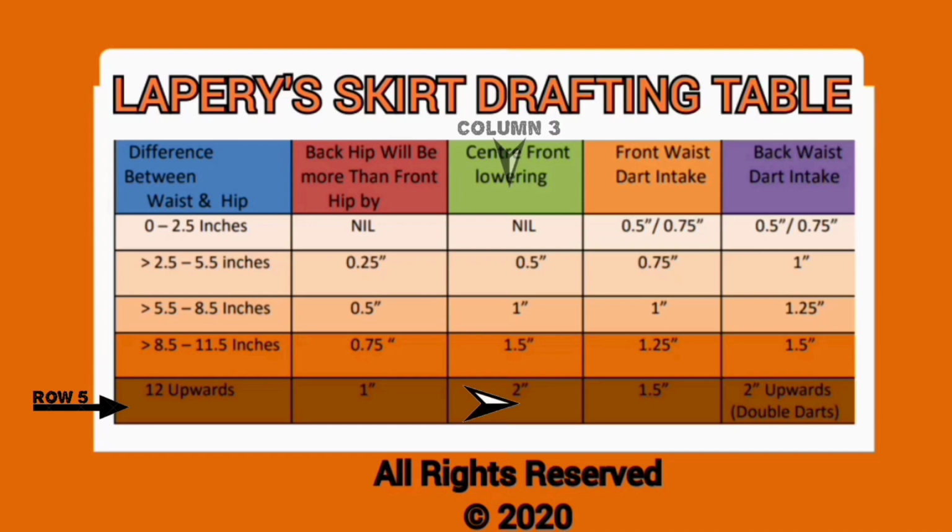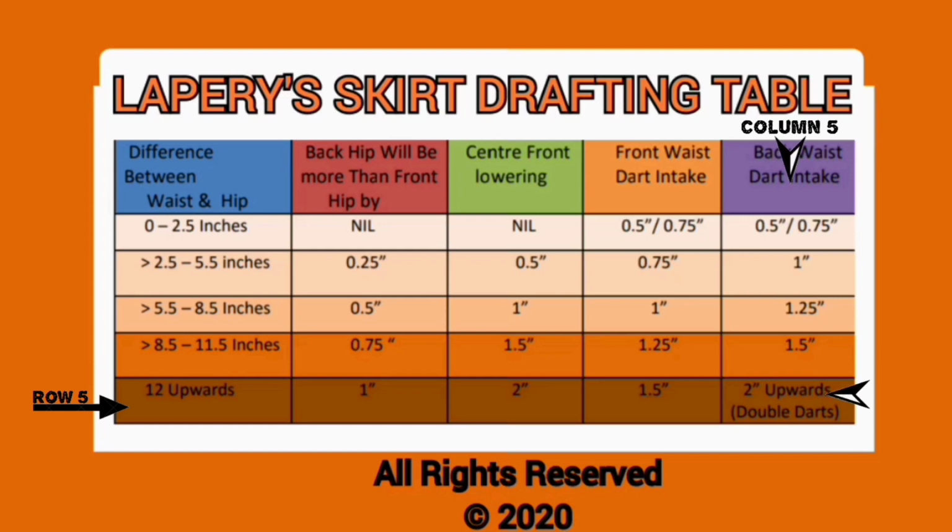That means the front piece will be 22, while the back piece will still be 24. Then the front waist dart intake will be 1.5 inches, while the back waist dart intake will be 2 inches upwards. Because of this width, that's why we put it there as a double dart.